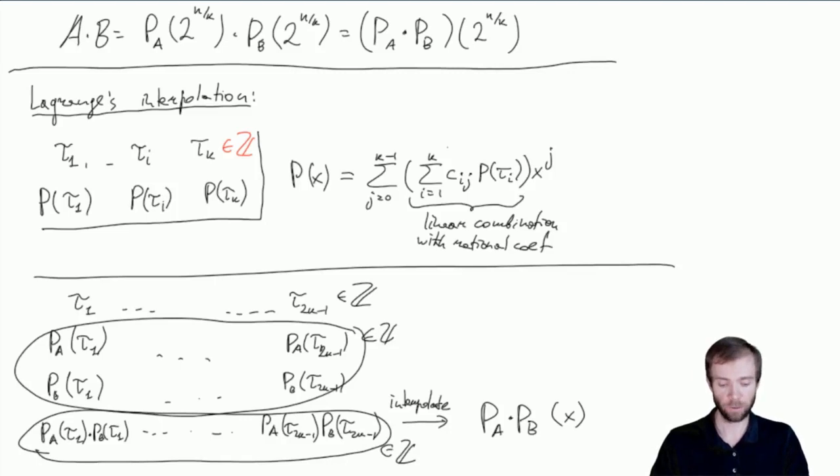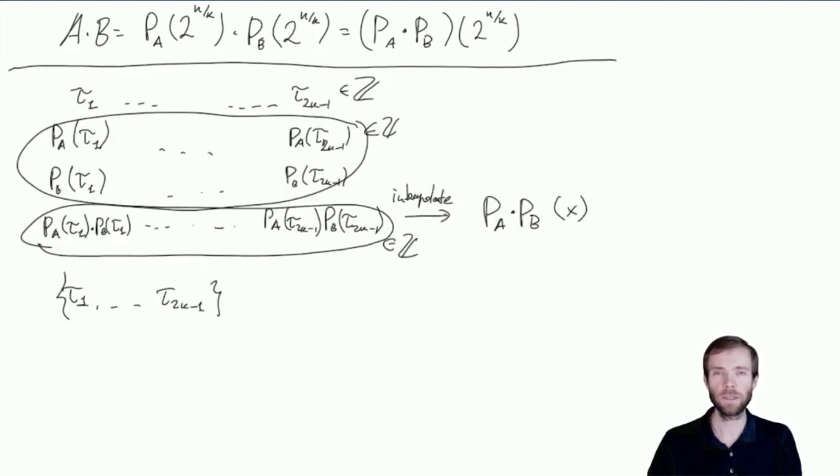And computing the coefficients of products can be done by computing results of linear combinations with rational coefficients. And these rational numbers, Cij, they are fixed as soon as the τ's are fixed. So now let's take a concrete set of τ's, say from 0 to 2k minus 1, just consecutive integers.